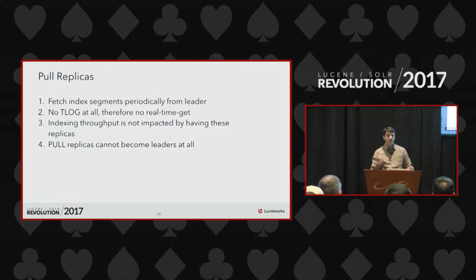One really good thing about this pull replica is that the indexing throughput is not affected by the number of replicas that you add, because the leader does not have to talk to the replicas as part of the indexing request anymore. It's an asynchronous pull-based replication which happens behind the scenes.